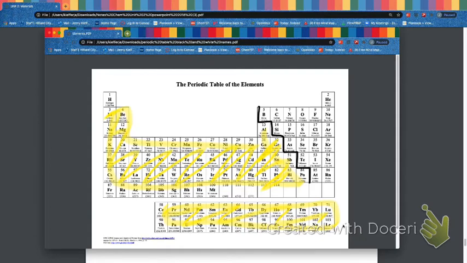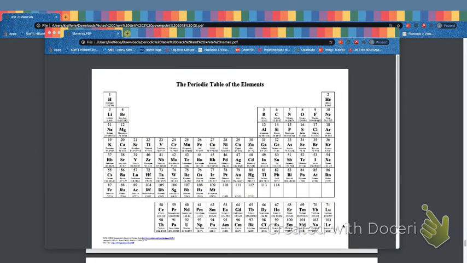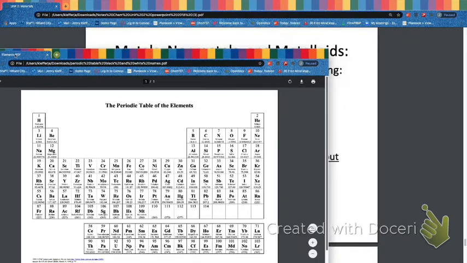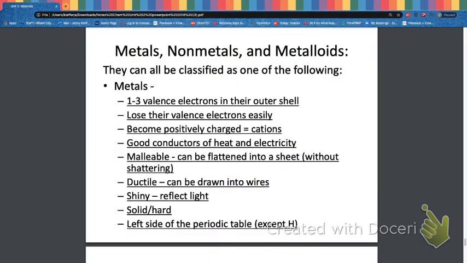Okay, there's only one metal that's a liquid at room temperature, and that's mercury. And on our periodic table on the wall, it's in blue. Okay. So those are our metals.